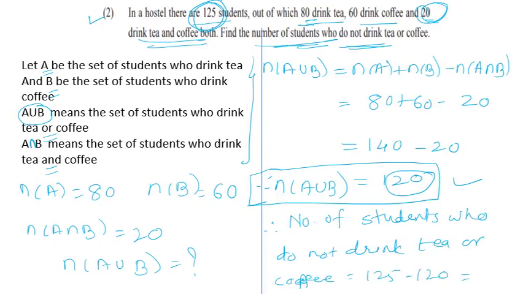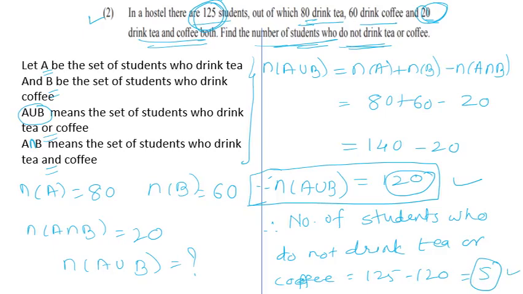See, there are total 125 students in the hostel, and here we got answer 120. That means 120 students drink tea or coffee. Therefore, 125 minus 120 equal to 5 students are there who do not drink any drinks, tea or coffee. This is the answer.